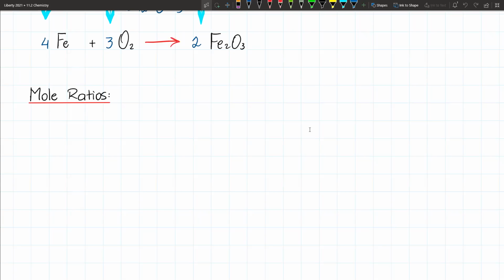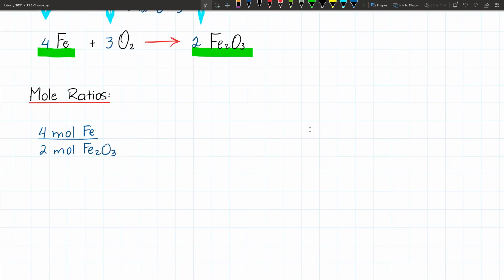So the mole ratios. First, I will relate iron with my product. So I'm going to write it like this: 4 mole of iron produce 2 mole of iron trioxide.